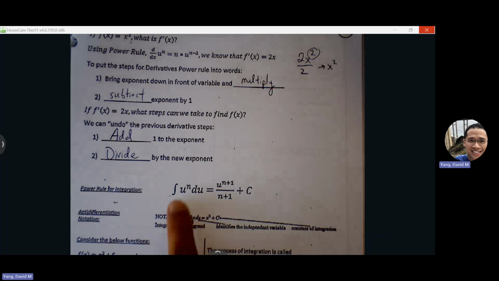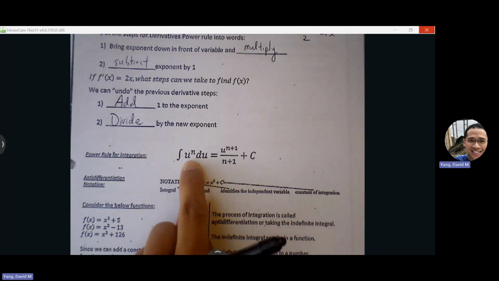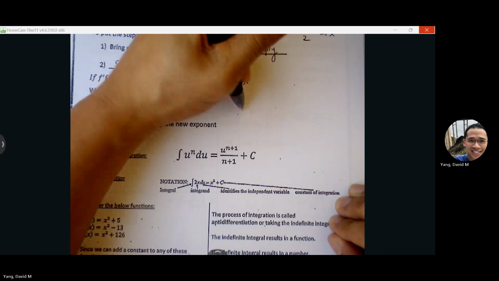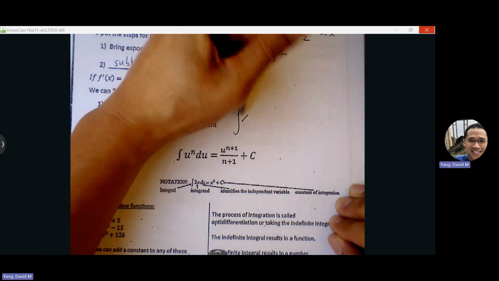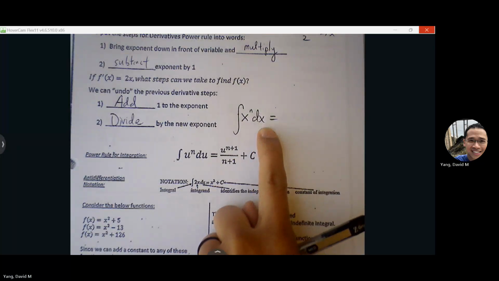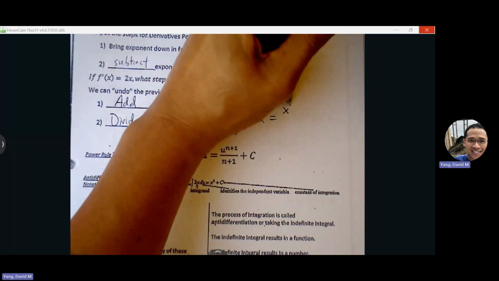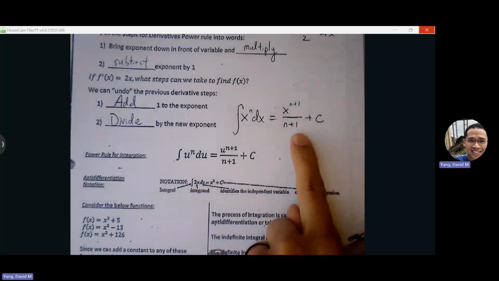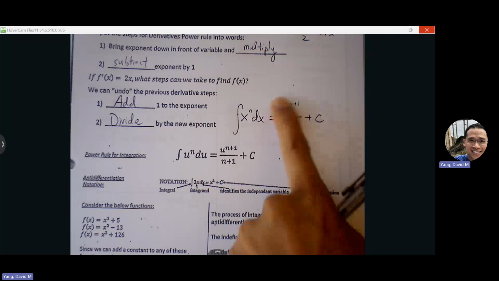So the integral of u to the n du, and we use u because we want to represent, like chain rule, a larger expression, but it also works for x. Let me do the x version first. So the integral of x to the n dx is equal to x to the n plus 1 over n plus 1 plus c. So the power rule process is this piece right here.